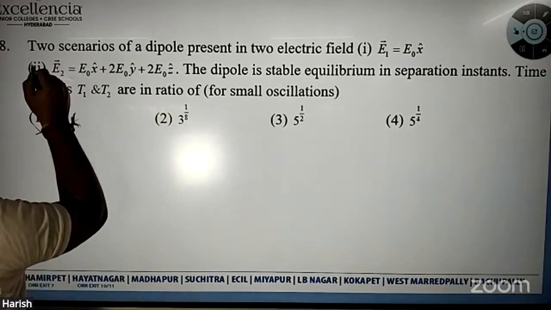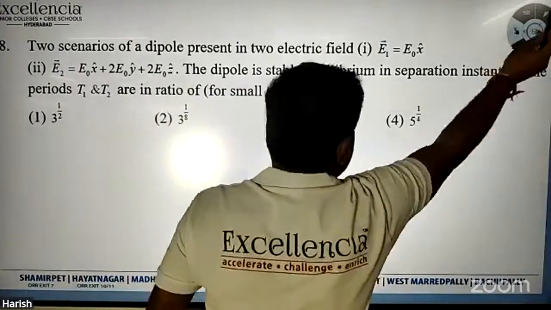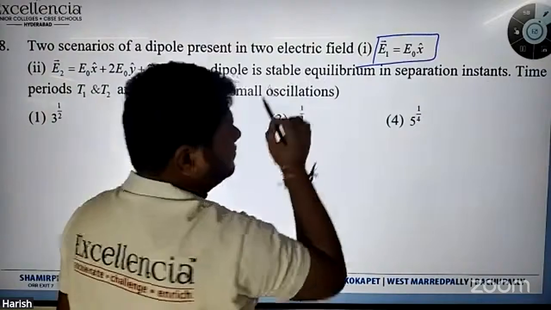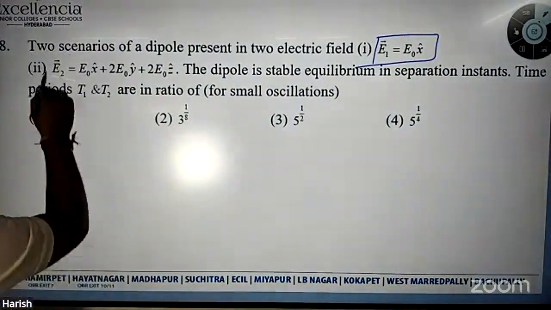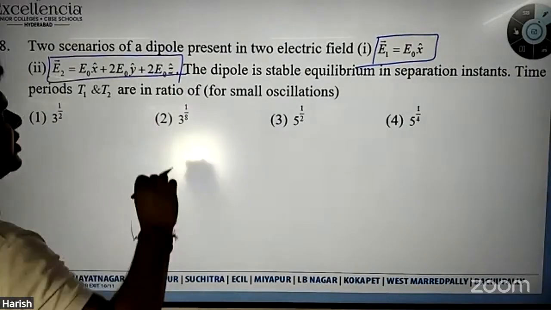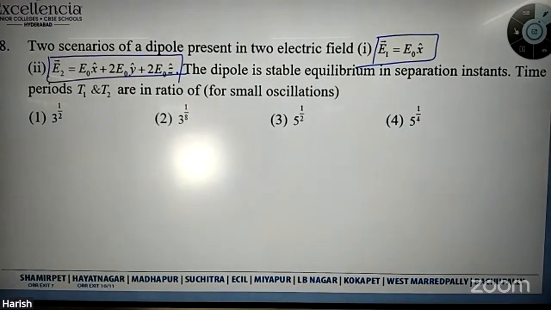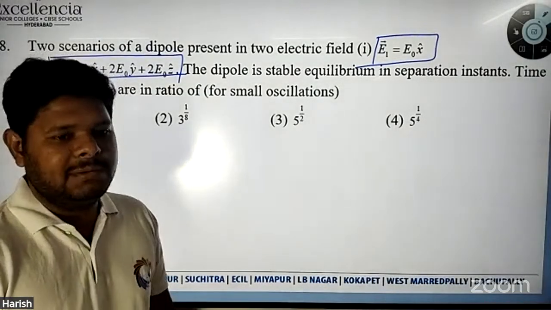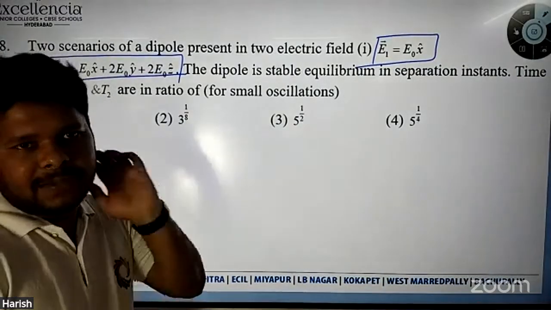If you notice one thing, this is a uniform electric field, and this is also a uniform electric field. Whenever a dipole is placed in a uniform electric field, if you slightly disturb it from its equilibrium position, it keeps oscillating.